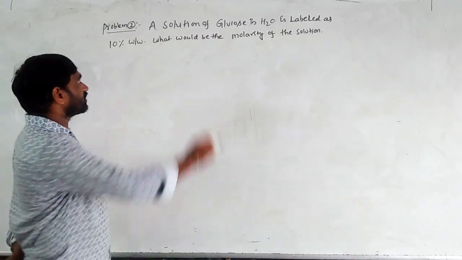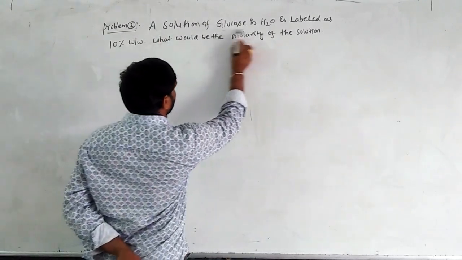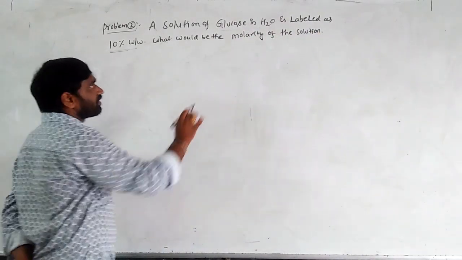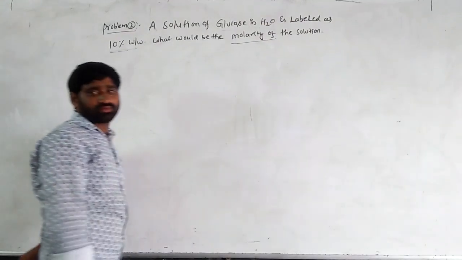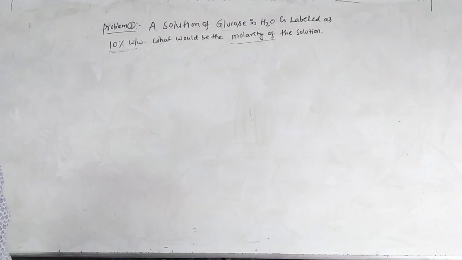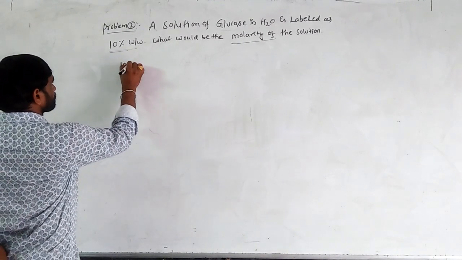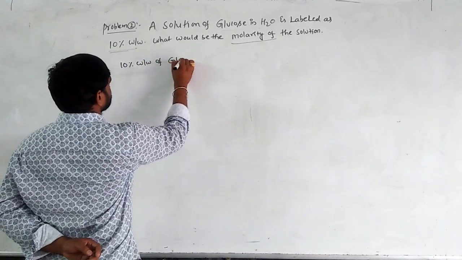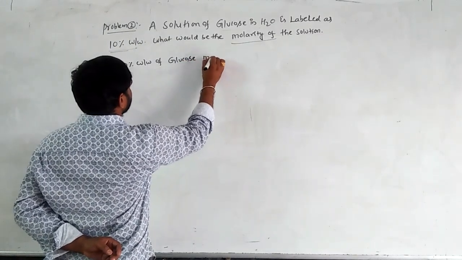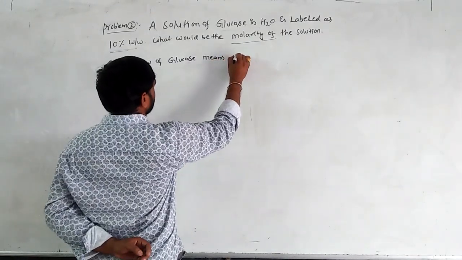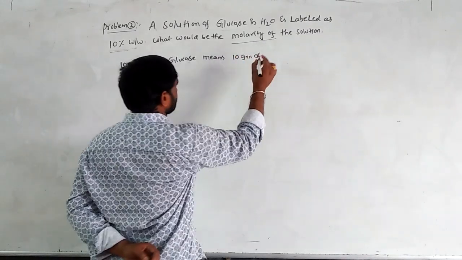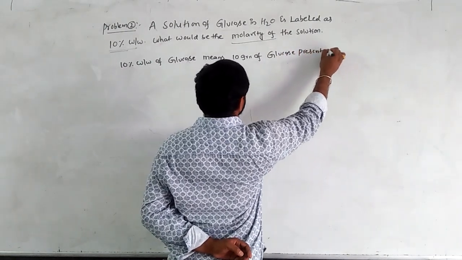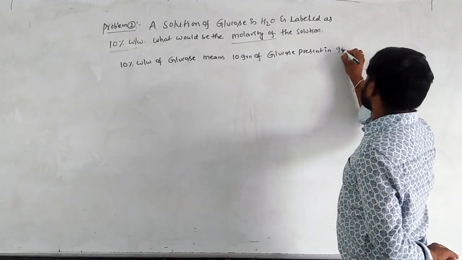Okay students, next problem. A solution of glucose in water is labeled as 10% weight by weight. What would be the molarity of the solution? So 10% weight by weight of glucose means 10 grams of glucose present in 90 grams of water.